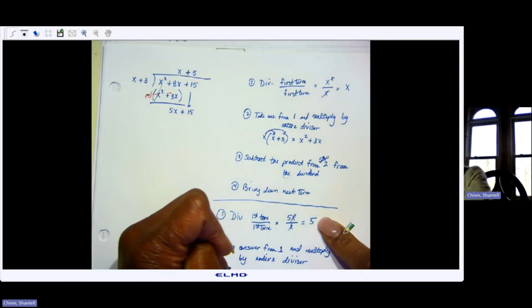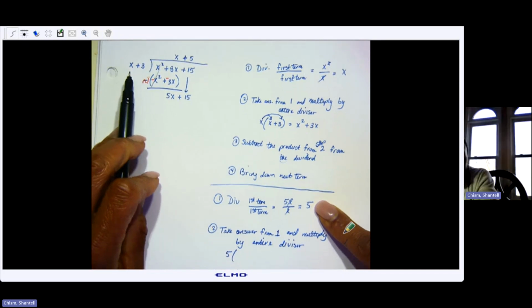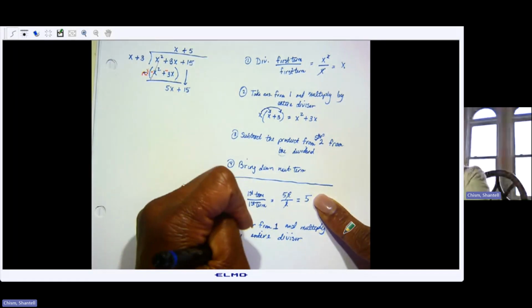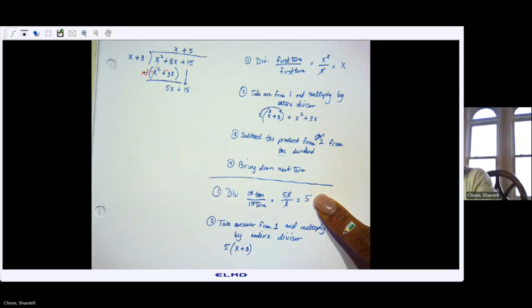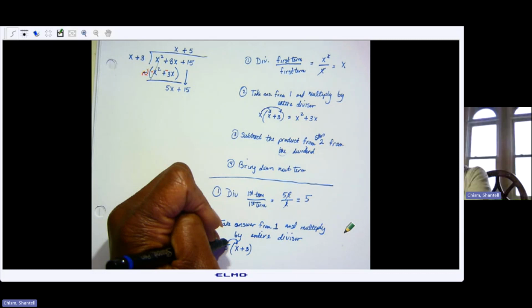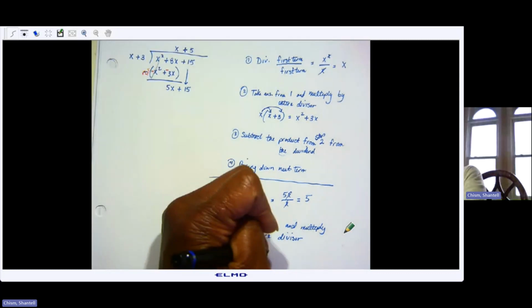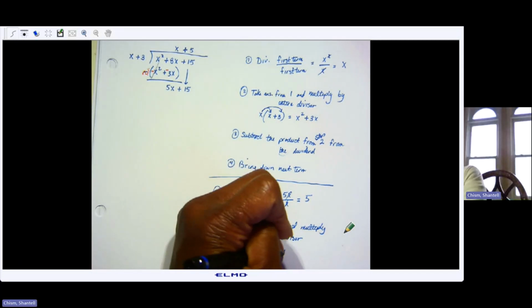Okay, so I'm taking now that 5 and I'm going to multiply it by the entire divisor here, by the x plus 3. Okay, so I distribute, because I'm multiplying 5 by a binomial, so I have to distribute the 5. So that becomes 5x plus 15.